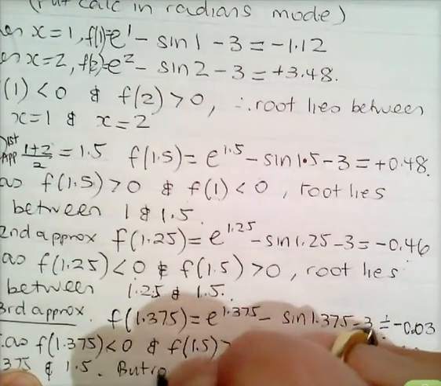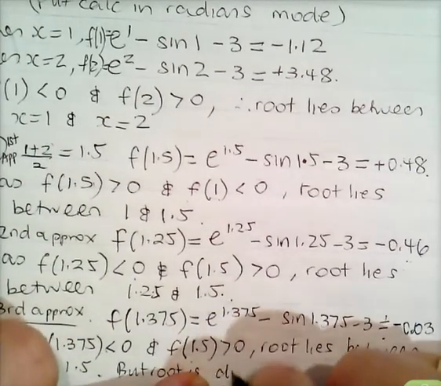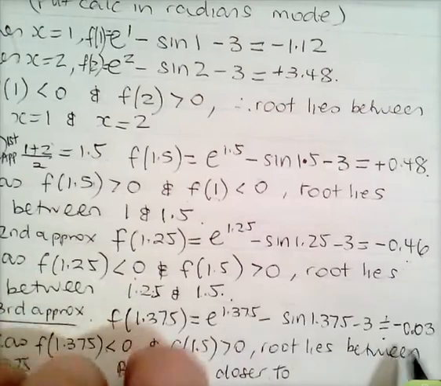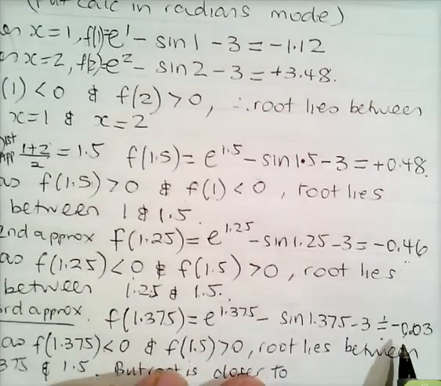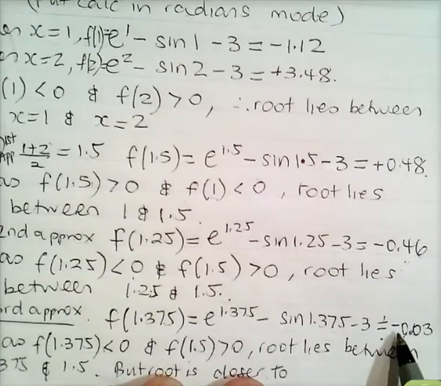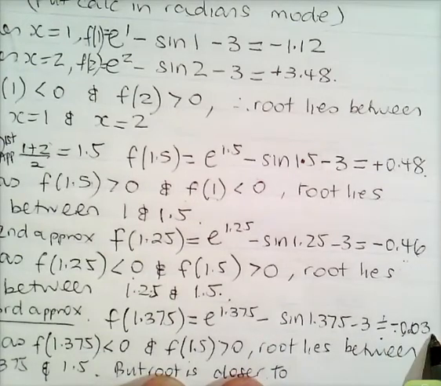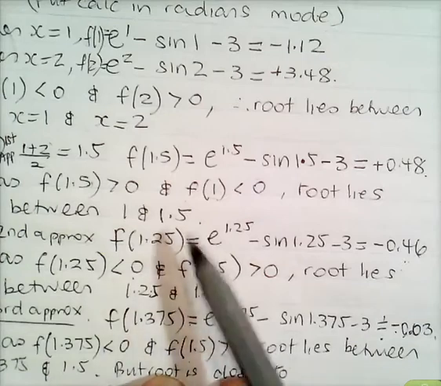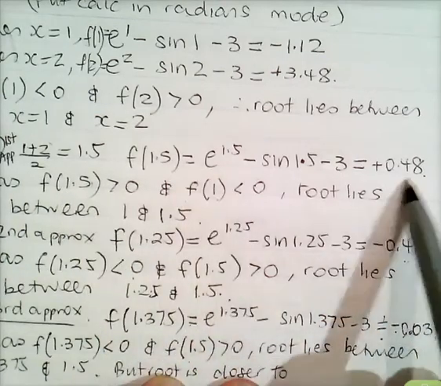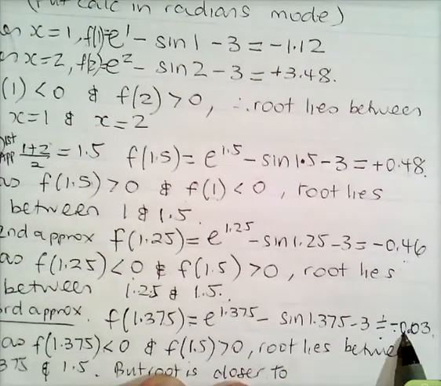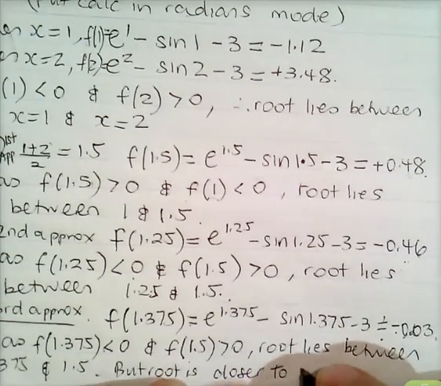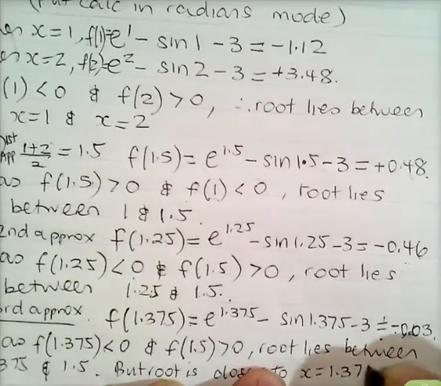But which of these two values is closer to 0? The function of 1.375 is negative 0.03, but the function of 1.5 is positive 0.48. So therefore the root is closer to x is 1.375.